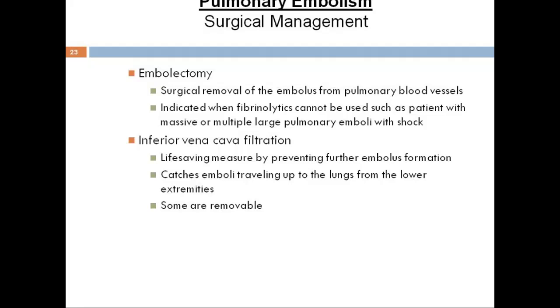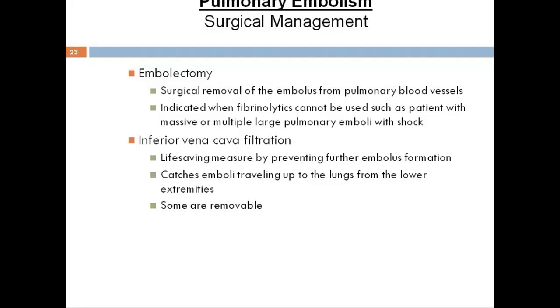Then we have inferior vena cava filtration. It is a life-saving measure by preventing further embolus formation. It catches the emboli that travel up to the lungs from the lower extremities, right?